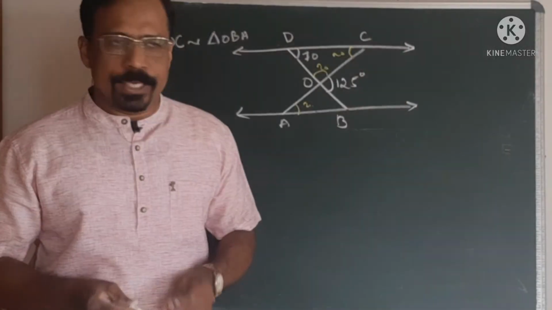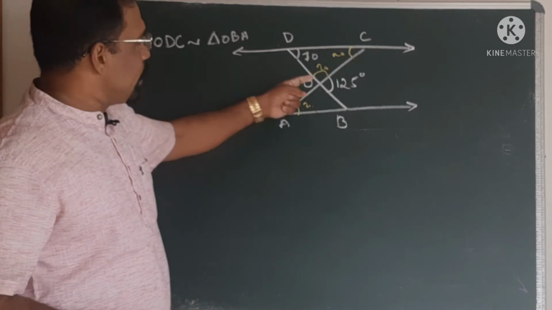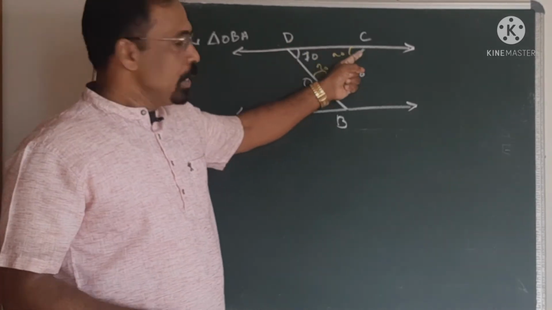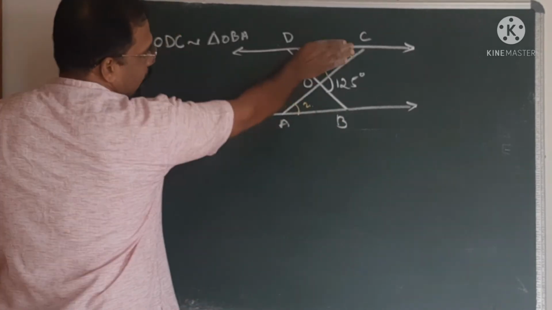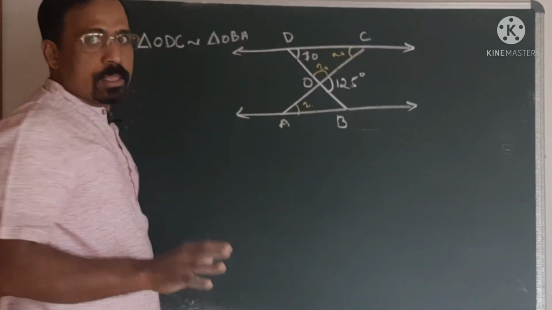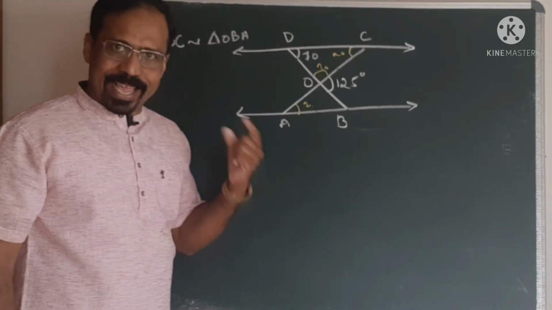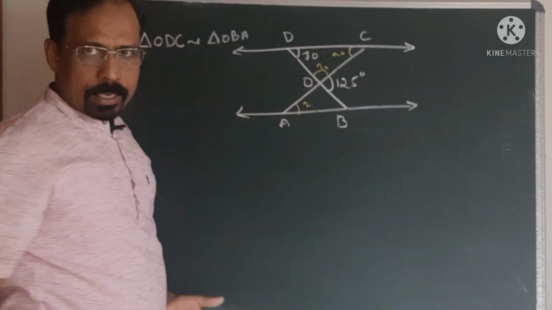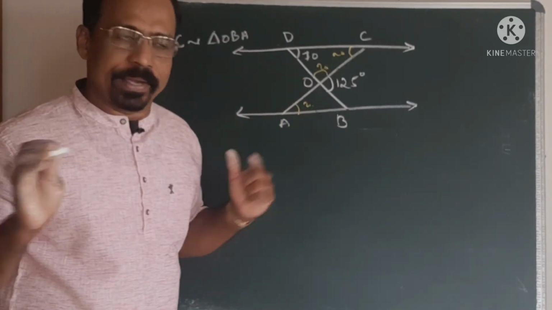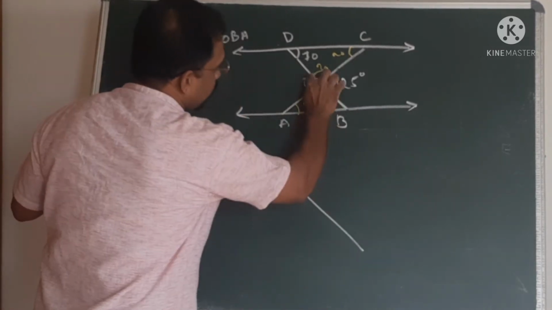So in this question, it is given that triangle ODC is similar to triangle OBA. So this triangle is similar to this. This is what is given to us. And we have to find out three angles: this angle, this angle and this angle. Now you know that this is a straight line.